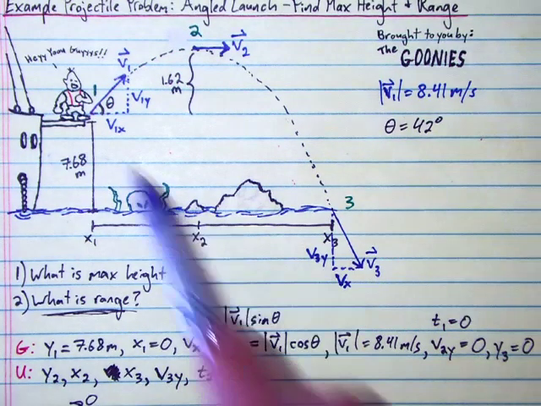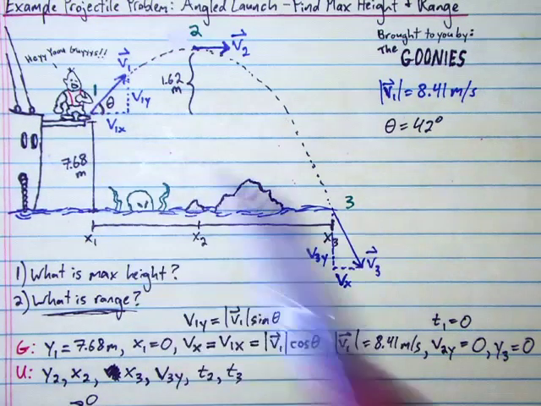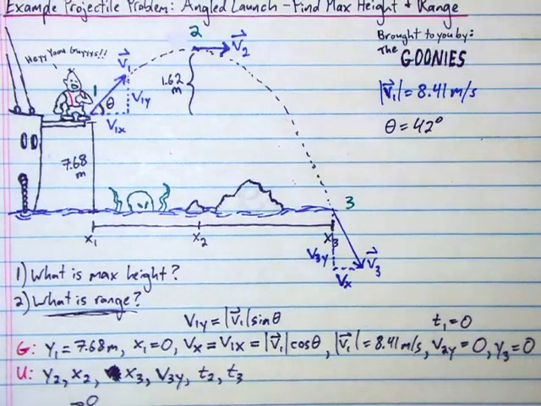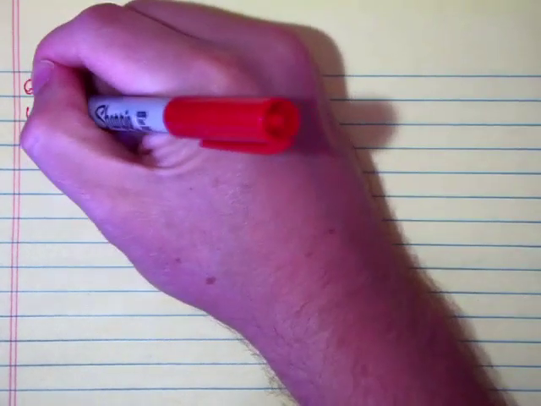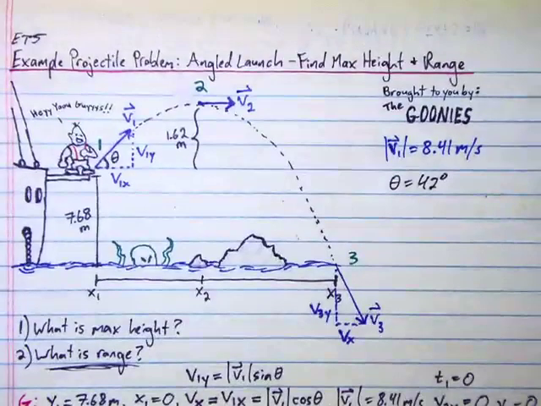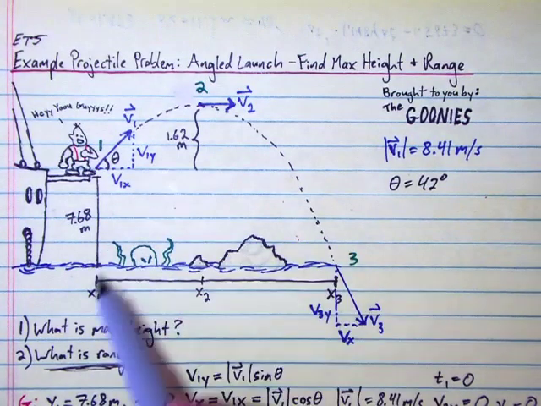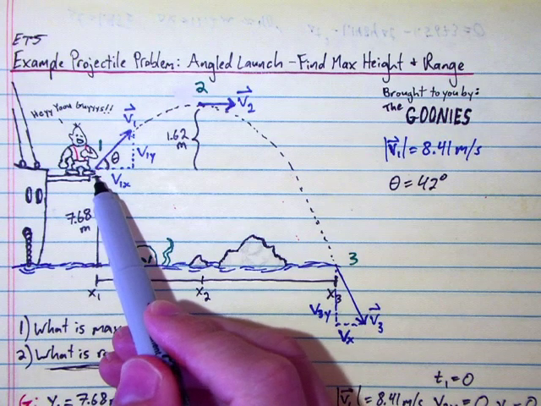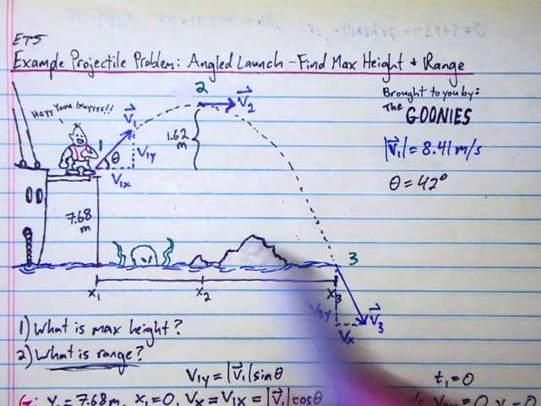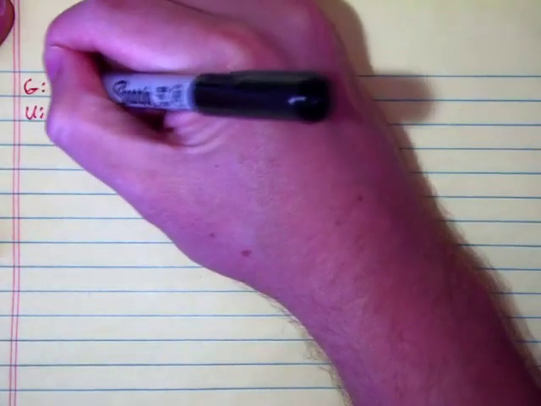So let's reconsider our givens and unknowns for events 1 and 3. Given that we know the change in y position, he goes from y1 is 7.68 to y3 is 0, final minus initial, that's a negative 7.68 meters.